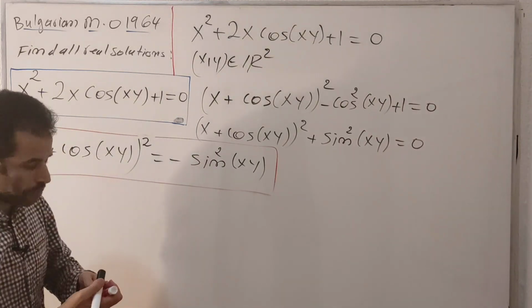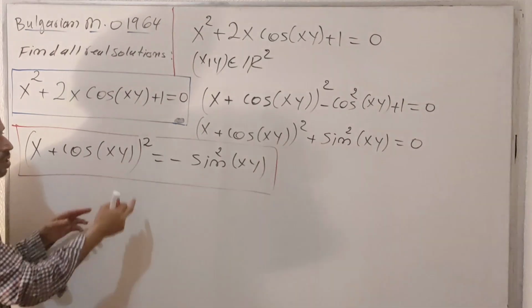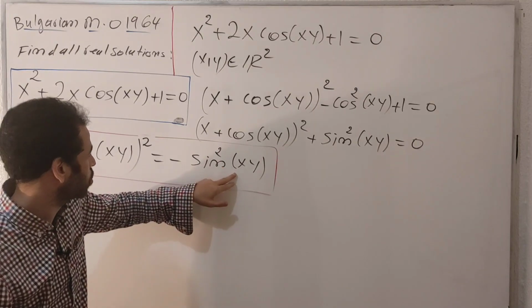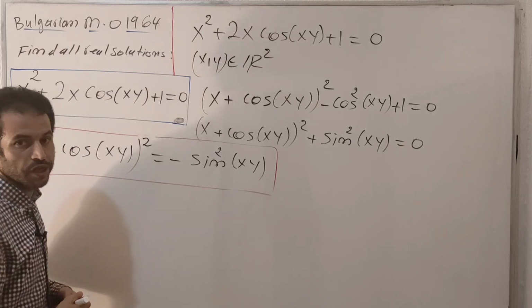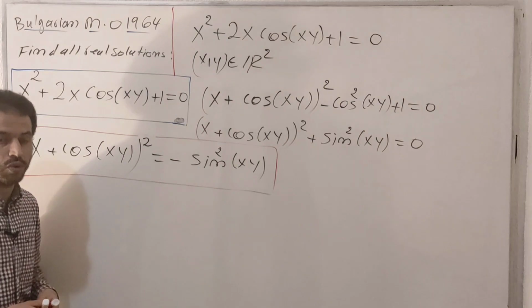Now here is a problem. The left hand side of this equation is positive because we have a square here, but the right hand side is negative because we have minus sine square xy. So in order to maintain the equality, both sides must equal 0.